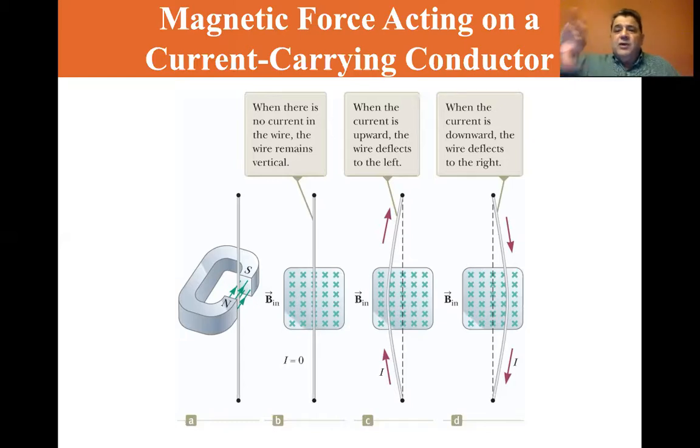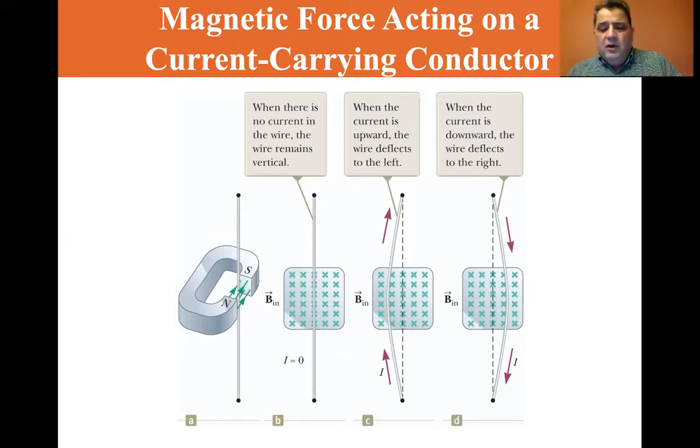Now let's run the current in the other direction, and when the current is downward, the wire deflects to the right. And sure enough, there's the magnetic field, there's the current, and so the force is that direction.